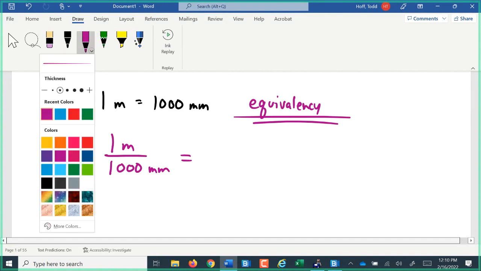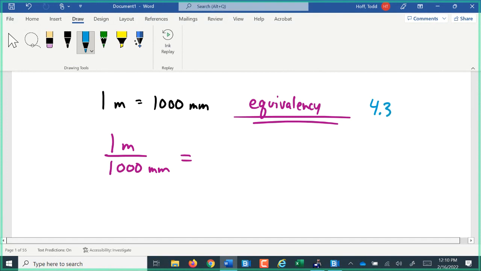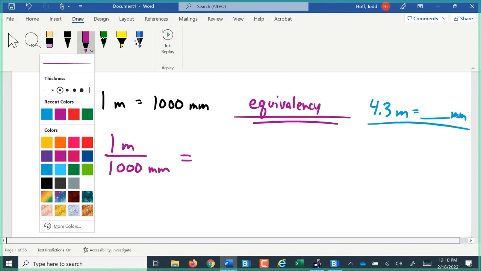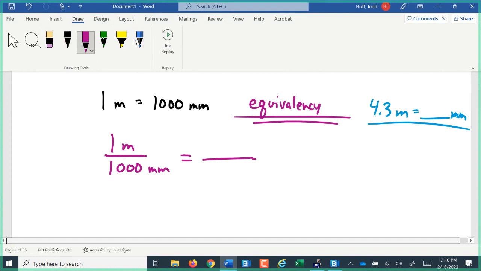What about 4.3 meters? I want to know how many millimeters that is. Well, I can set up the other half of my proportion here. This is meters here. Now, this is a rate, technically, not a ratio. This is meters here, so I'm going to have meters up here. That would be where the 4.3 meters go. Just like with our percents, I have to make sure I match things up.